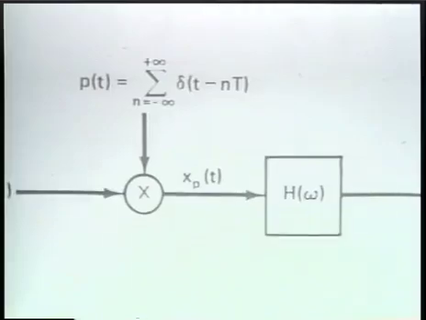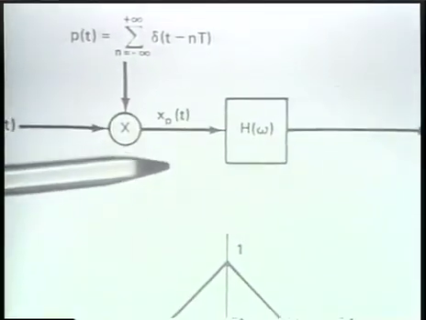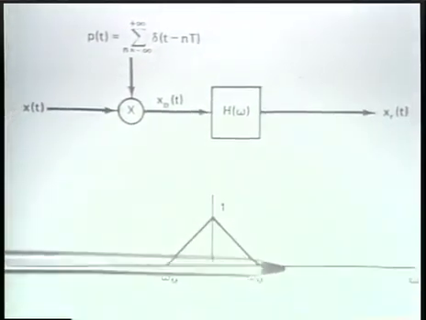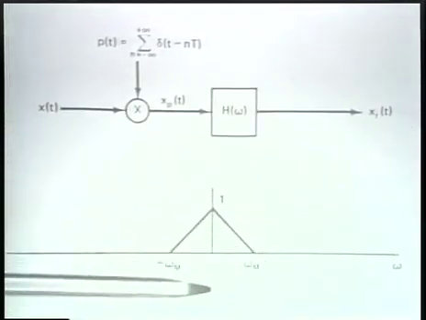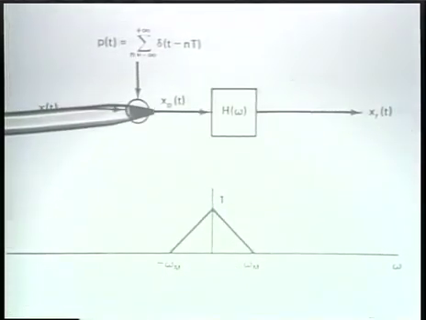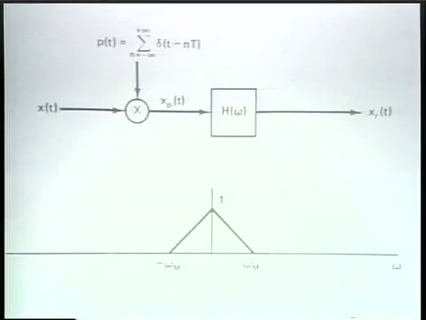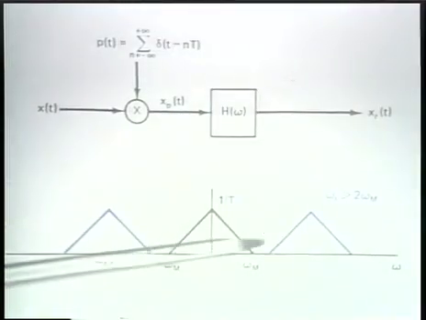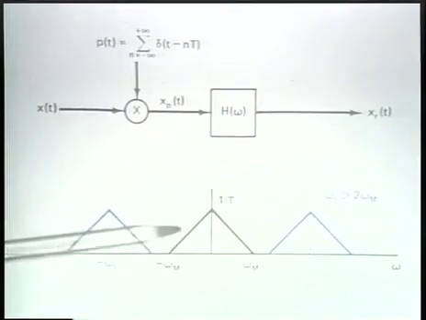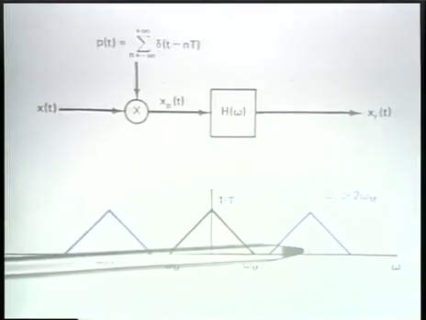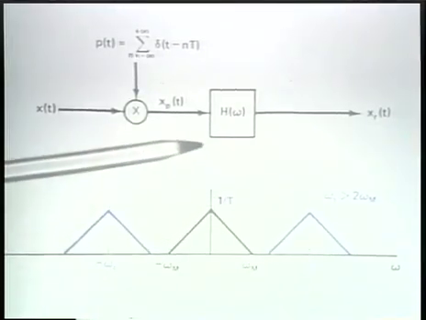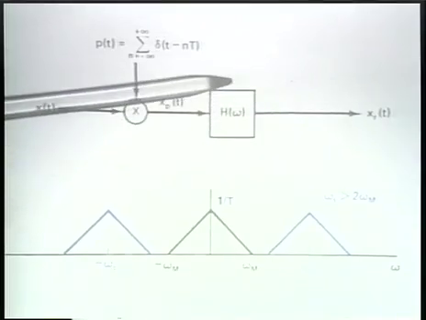So if the spectrum of the original signal is what I indicate in this diagram, then after sampling with an impulse train, that spectrum is replicated, and this replicated spectrum for reconstruction is then processed through a low-pass filter.